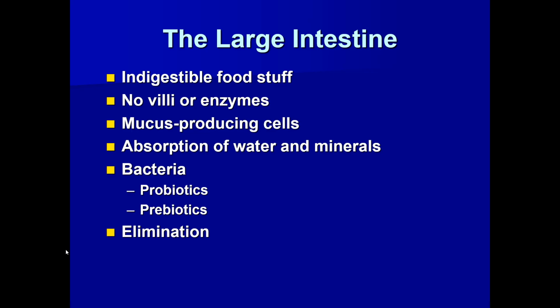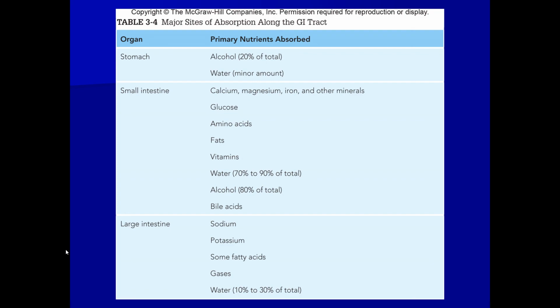So here, let's talk about different nutrients that are actually absorbed in these different compartments. Overall, in the stomach, there's not a lot of absorption, so a little bit of alcohol and some water. The small intestine really gets most things.